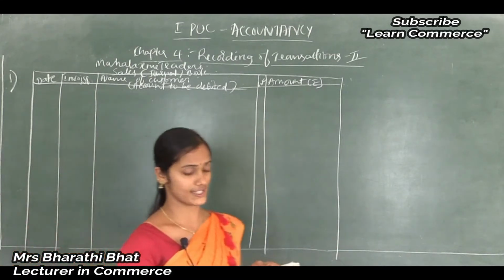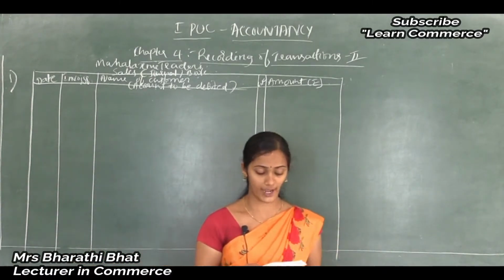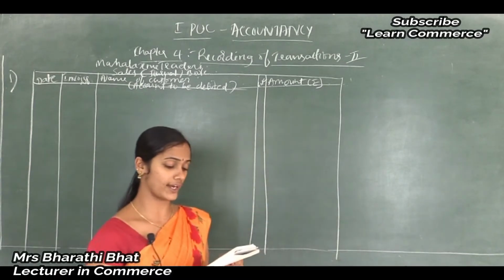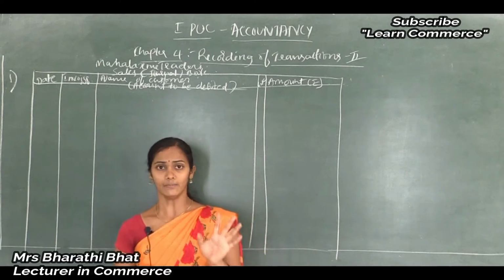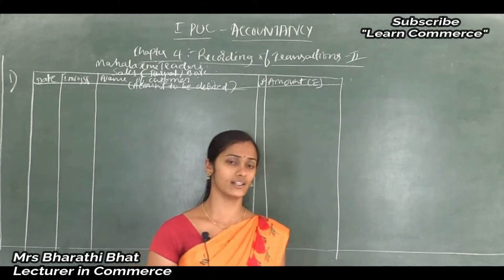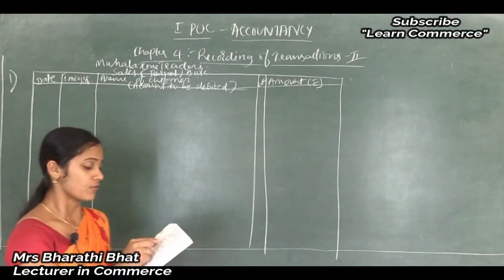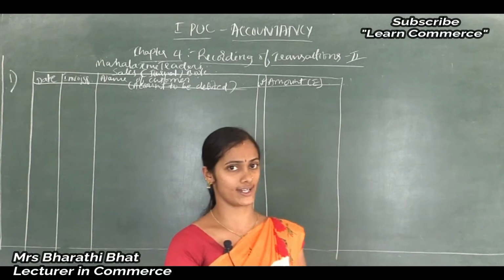Now see the transactions. First one, February 5, sold 4 bags of wheat flour at rupees 500 each and 5% discount. The same discount will be deducted here. So first we have to write the customer name. 4 bags of wheat to Ashoka Traders.